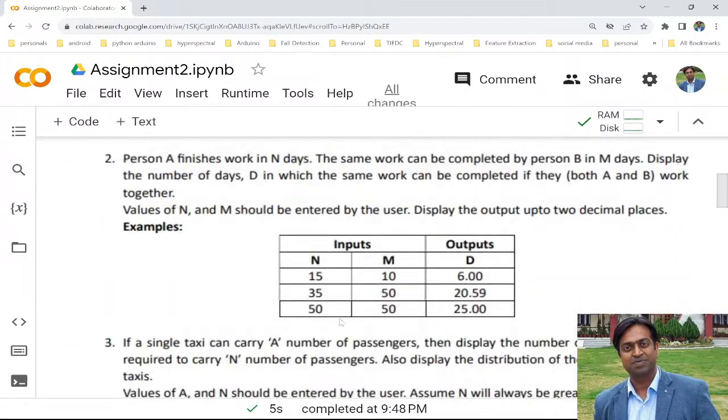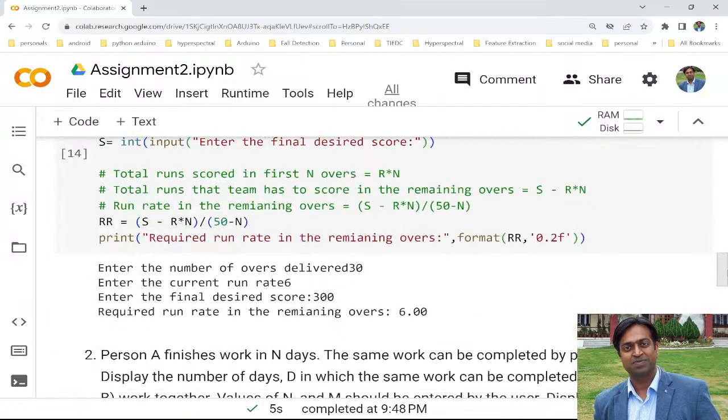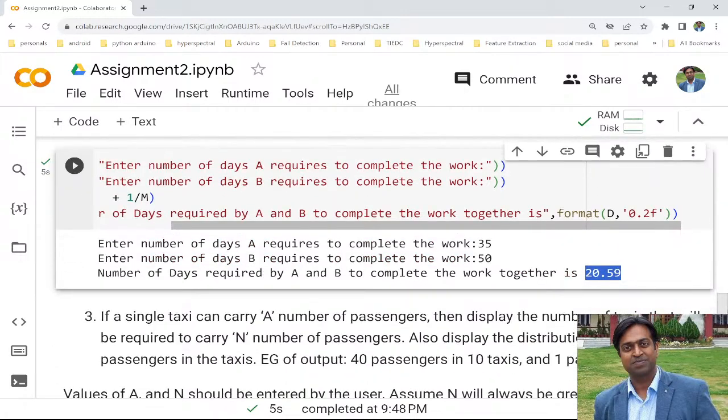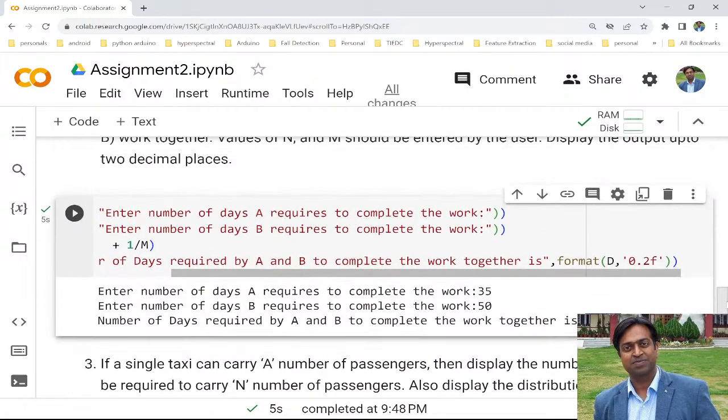Now the third one I already executed, right? So in this second problem also, the main thing required is how we can solve this particular problem mathematically. Once we get this formula, then that same formula can be put in the form of a Python statement, right? The main reason that I give these questions is to give you an idea that programming is just our resource. We just have to replicate our knowledge.